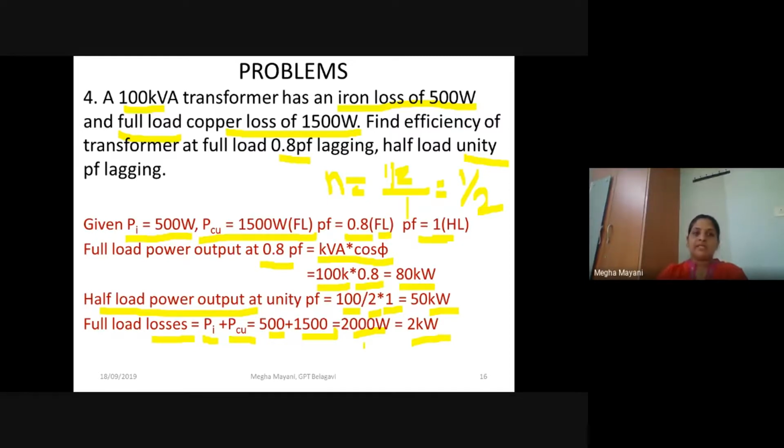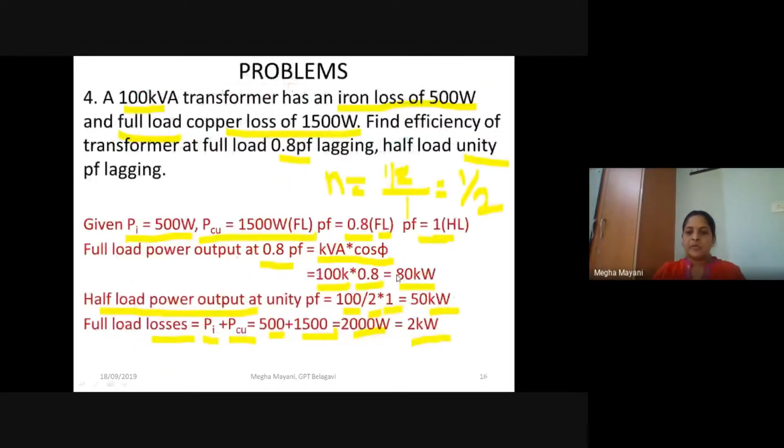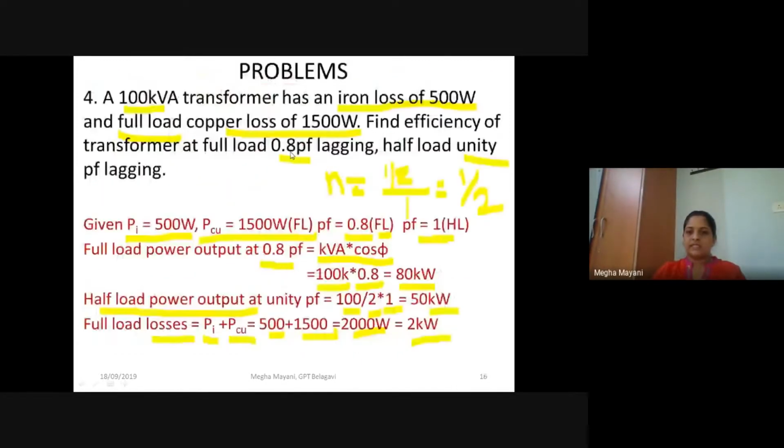Next, to find the efficiency, we can use the expression full load output divided by full load output plus the total losses in full load. Friends, we have already calculated the full load power output, which is 80 kilowatts. So we substitute that 80 kilowatts here, and the total losses at full load, which we found to be around 2 kilowatts.